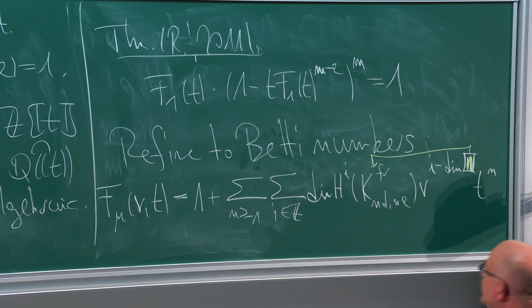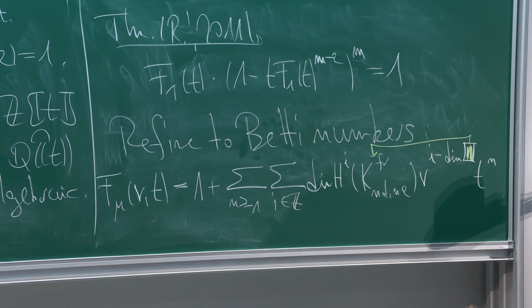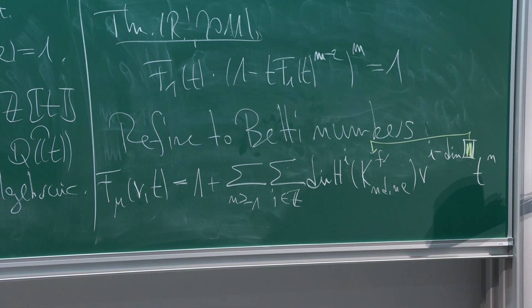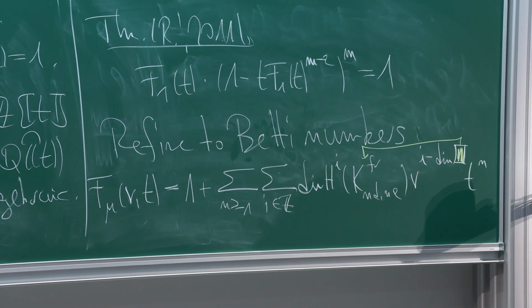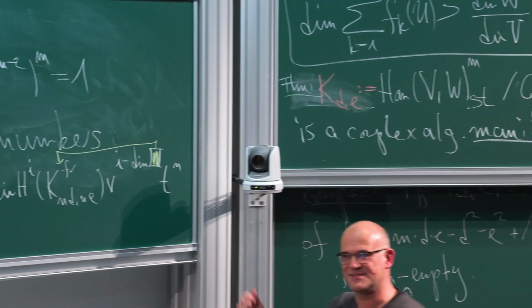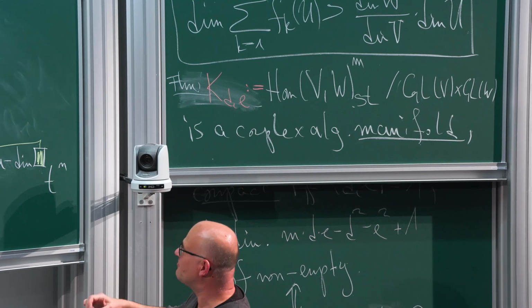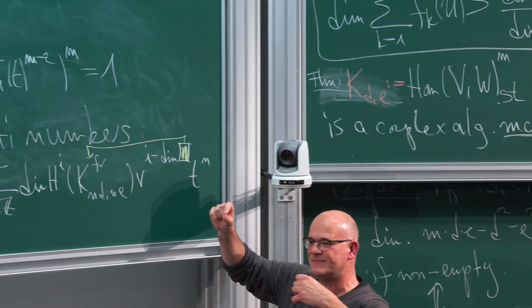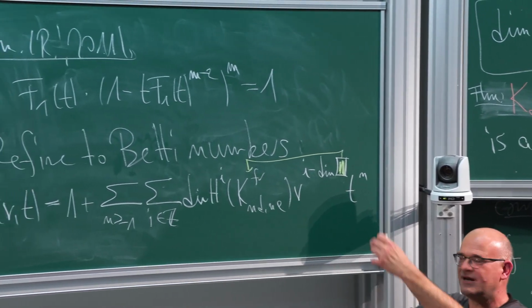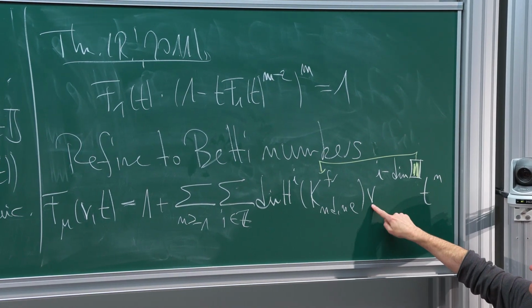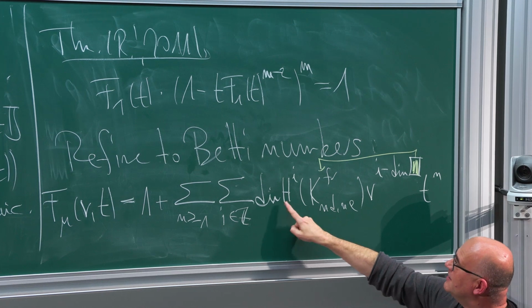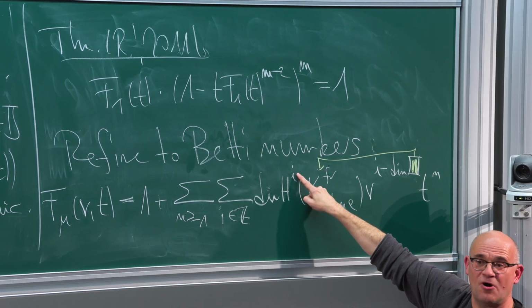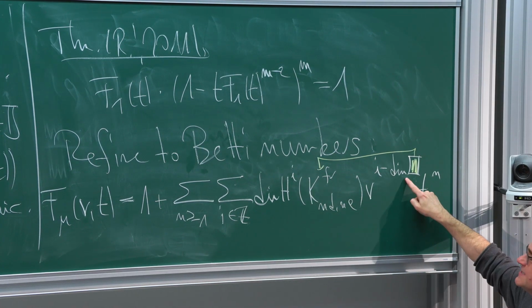Why do I do this? Well, I want to make Poincare duality manifest. So these are compact, complex algebraic manifolds, so they have Poincare duality. And Poincare duality will be manifest, as this will be the automorphism exchanging v and v inverse. And if I rescale the power of v here, then you see, if you consider zeroth cohomology, you get v to the minus the dimension.